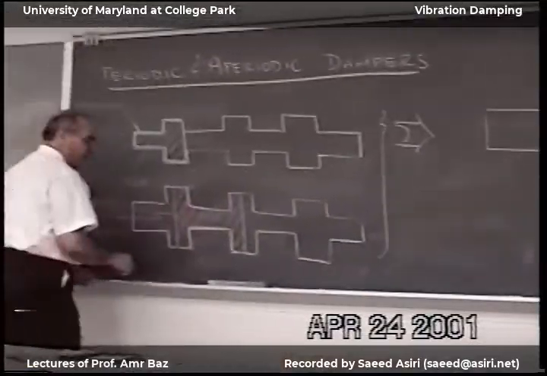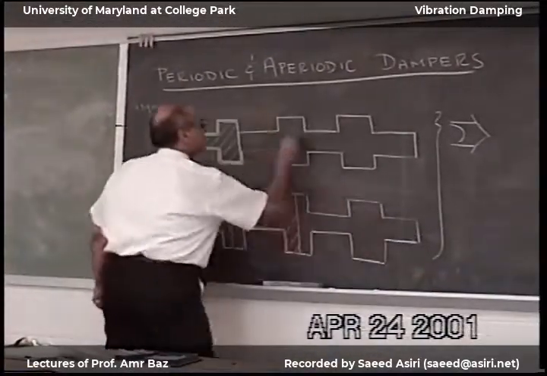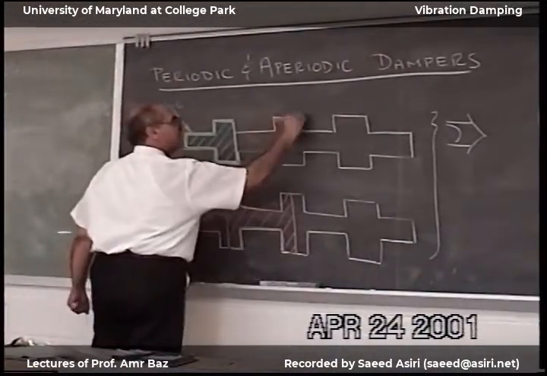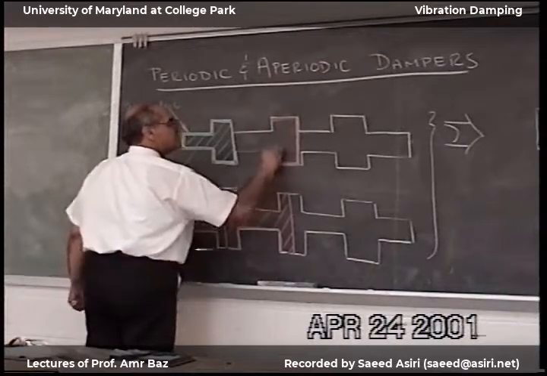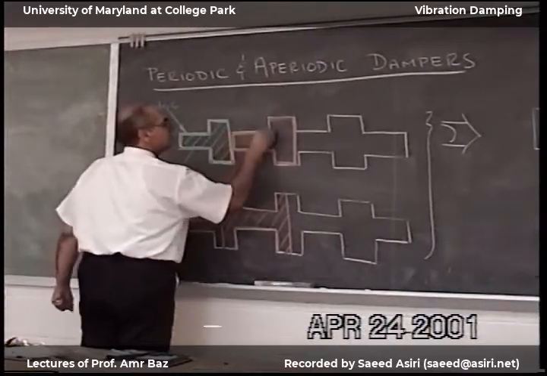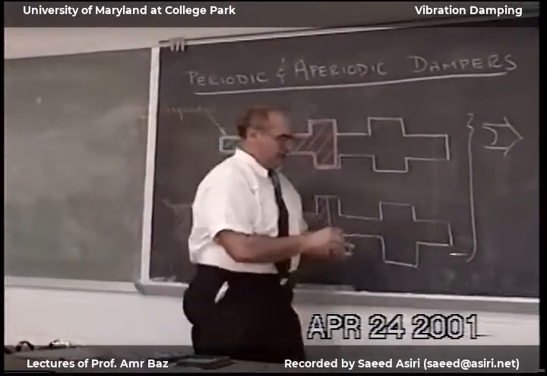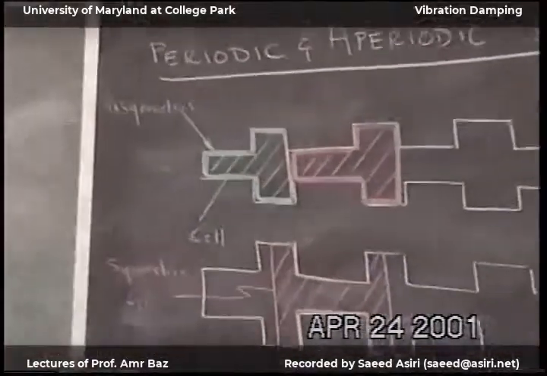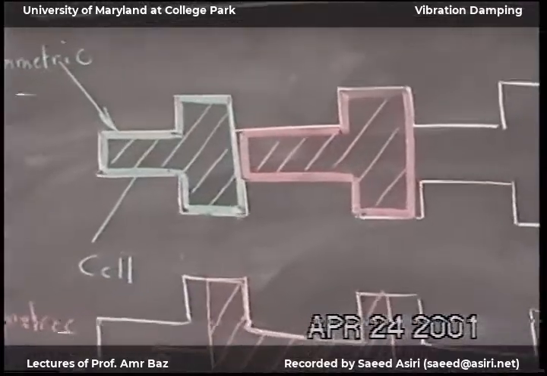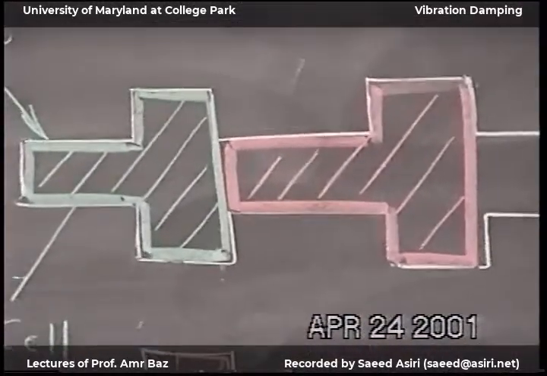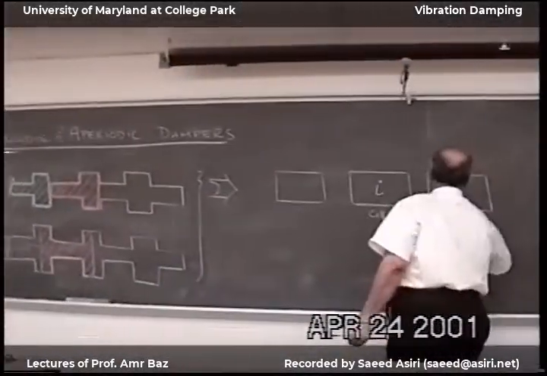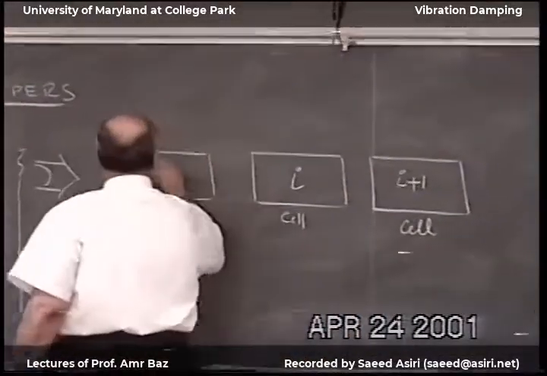This is one black box connected to the second box, and so on. So this is cell I plus 1, and then cell I minus 1.